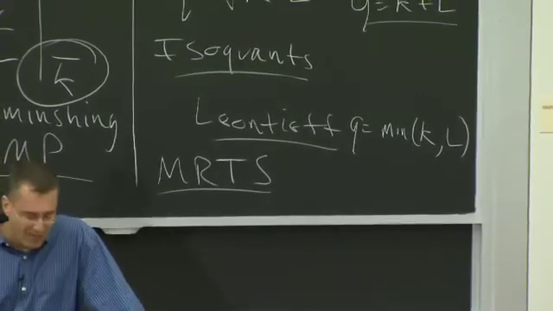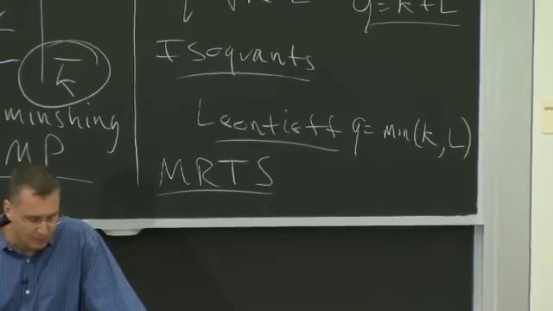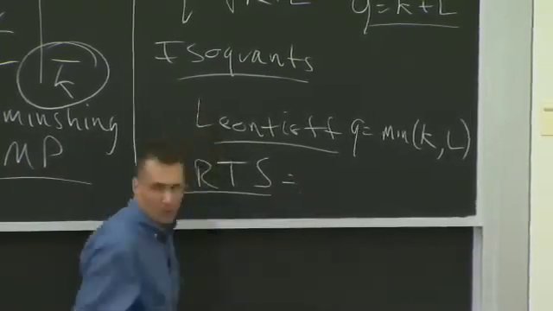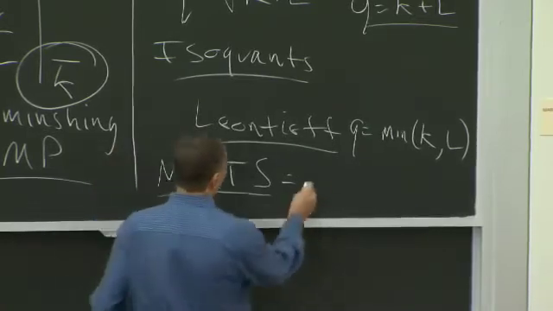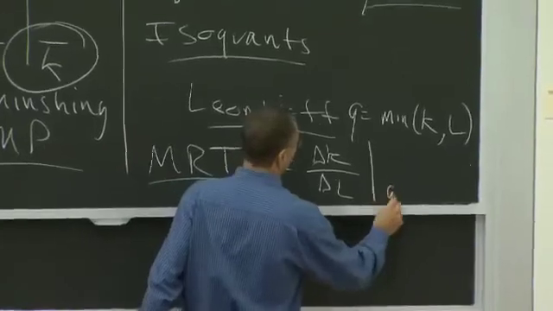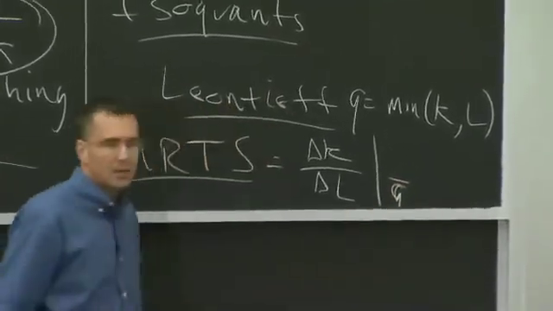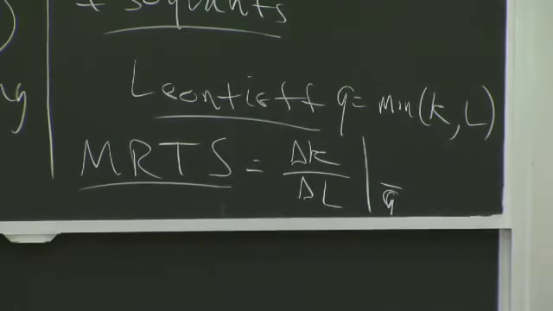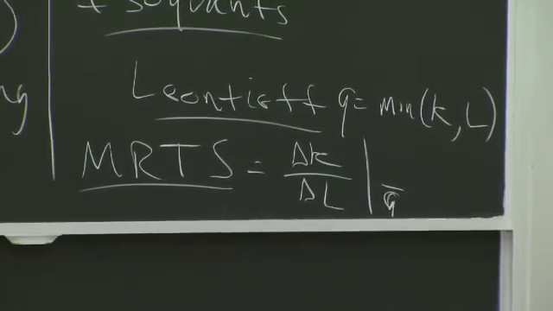We define it as delta K over delta L for a given Q bar, the rate at which you can trade off K for L to hold Q bar fixed.